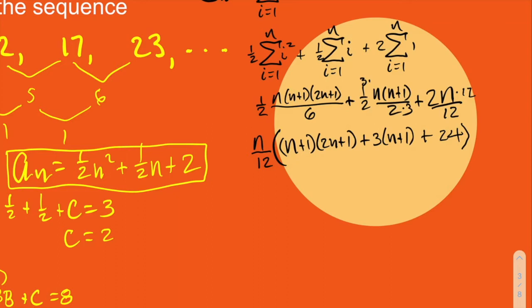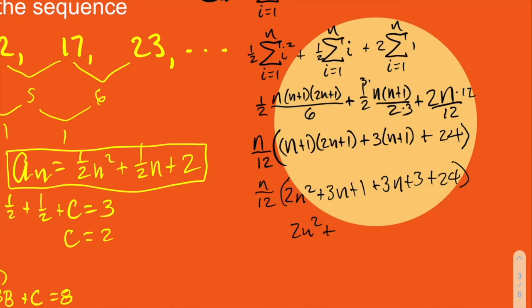So let's clean this up a little bit more. n plus 1 times 2n plus 1 becomes 2n squared plus 3n plus 1, plus 3n plus 3, plus 24. And there's the n over 12 outside. Continuing to clean this up, we've got 2n squared plus 3n plus 3n is 6n. 1 plus 3 is 4, and that plus 24 is plus 28, and we have n over 12.